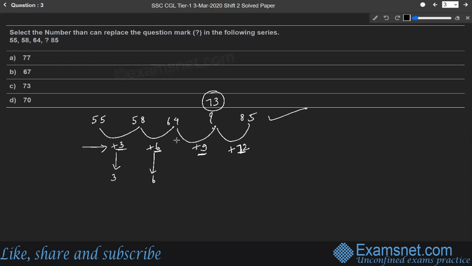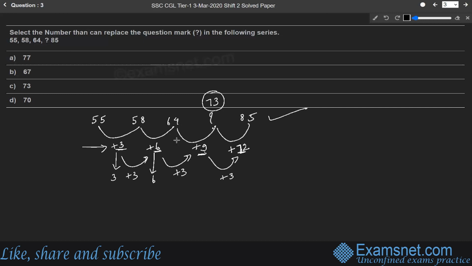Again, the concept is that we have to add plus 3 in the first number, then plus 6 in the next number, then plus 9 in the next number, and then plus 12 in the next number. It is forming a table of 3, and the difference here is plus 3, plus 3, and plus 3.